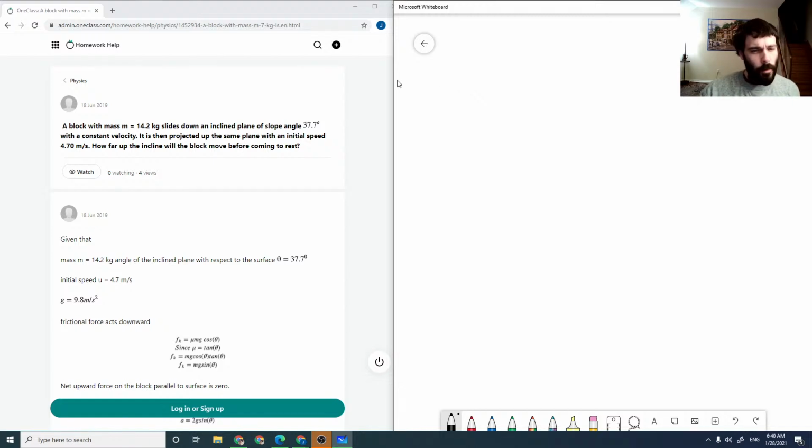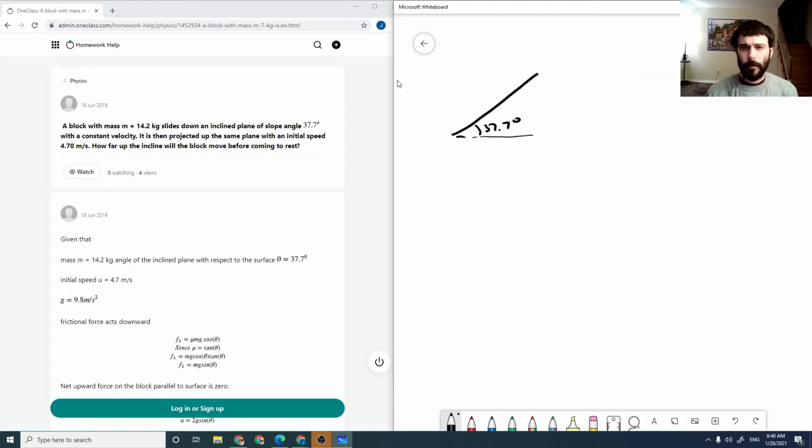All right, so now we have a block with mass 14.2 kilograms. Now it slides down an incline. All right, I'm going to draw the incline like this. 37.7 degrees.